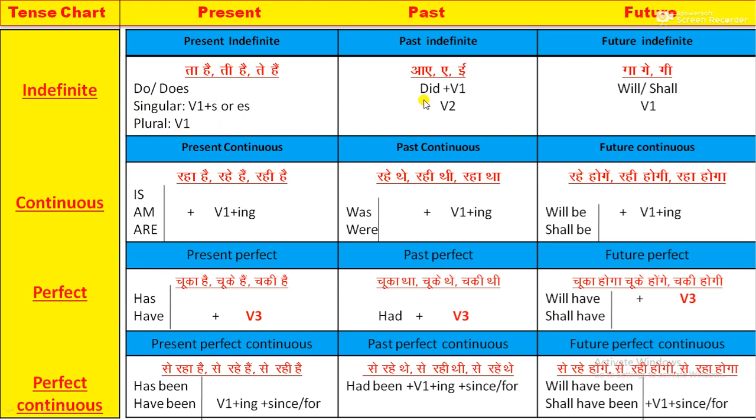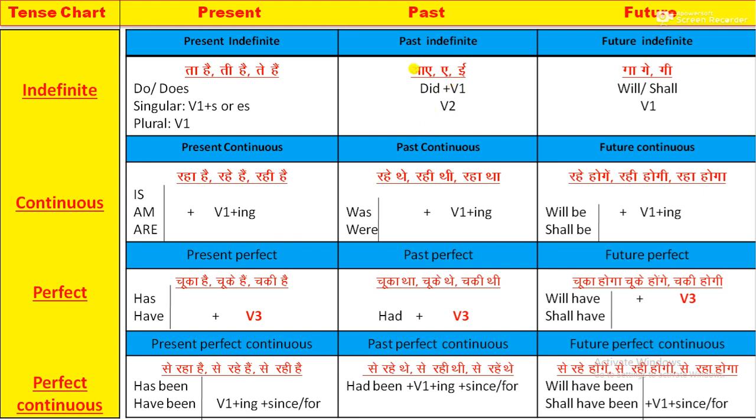Then come to the second box. In the first box you will use the first form. In the second box you will use the second form. In future, with will and shall, you will use the first form. And then you will remember that in past tense two forms are there. This is the only box where we use two forms of the verb. With did we use the first form, and otherwise in simple sentences we use the second form of the verb. How will you remember?